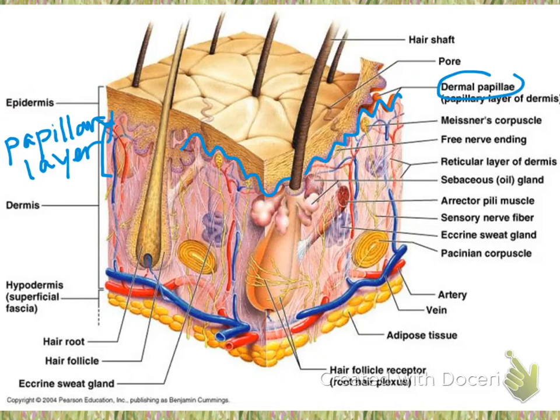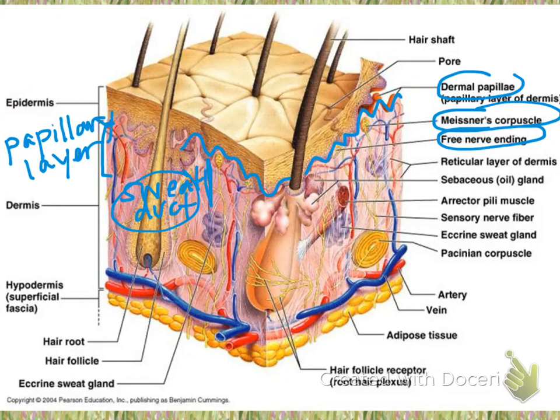And notice that's what keeps the epidermis and the dermis layer packed tightly together, so there's no slippage going on. There are the Meissner corpuscles, and the free nerve endings for pain, temperature, cold and hot. And you could also have the sweat duct because it still has to go through the papillary layer to get to the surface of the skin.